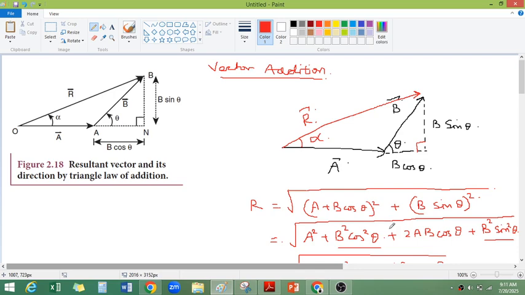So again I am repeating, theta is the angle between A and B, but alpha is the angle between the resultant and the first vector A.